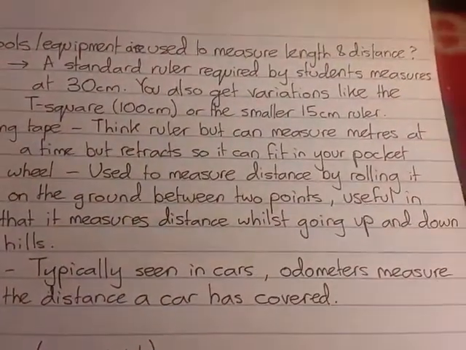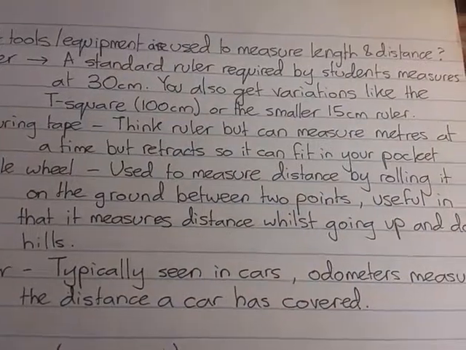What the odometer does is tell you how far the car has traveled, usually in its lifetime. In this case, this particular car, at the time this picture was taken, had done 91,308 miles.